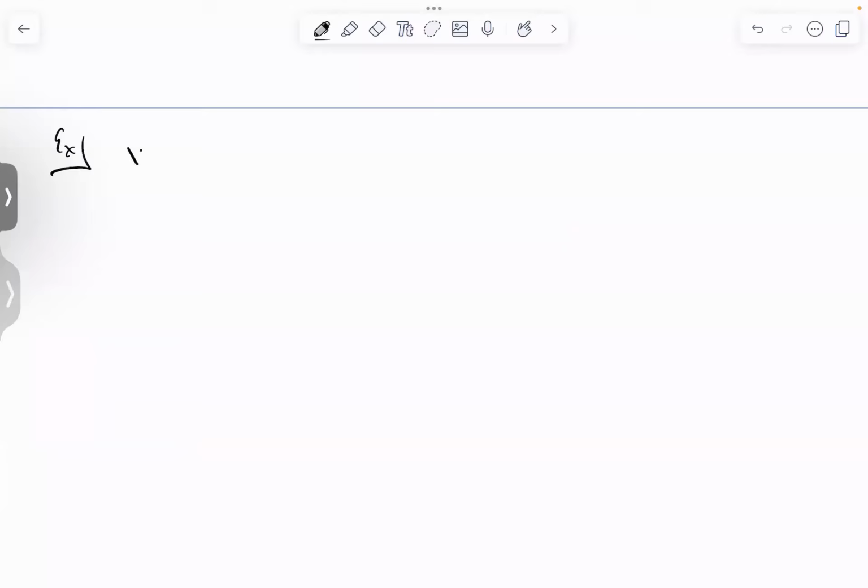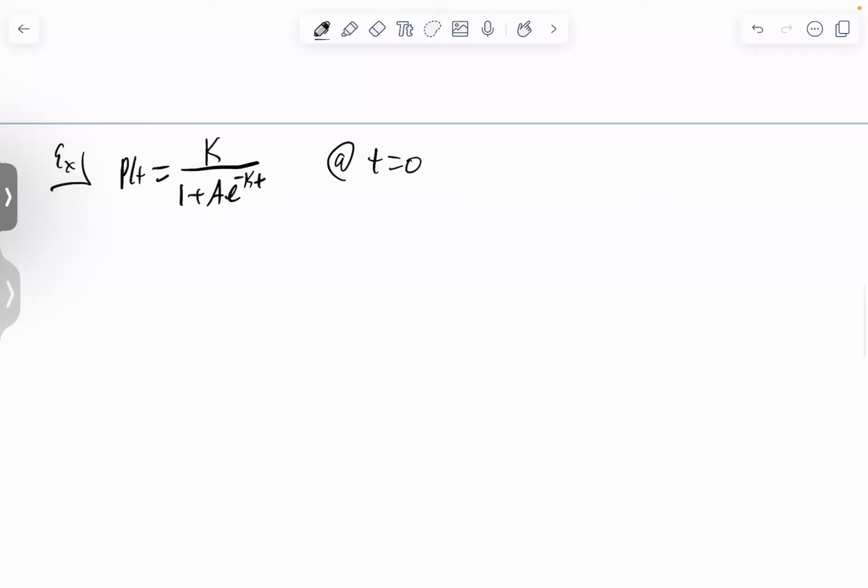I want to point out that y is capital K over 1 plus a e to the negative kt power. I should say instead of y, they're using p. So we're going to use p. And this is a function of t.